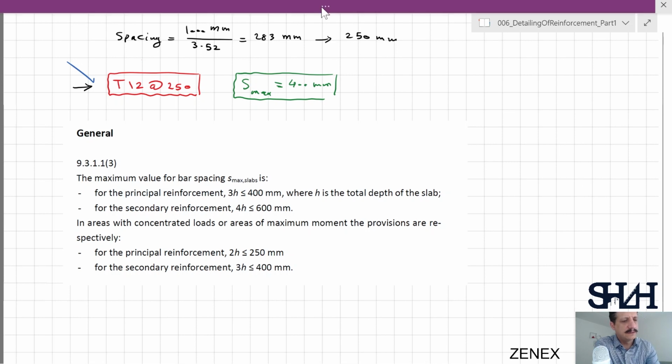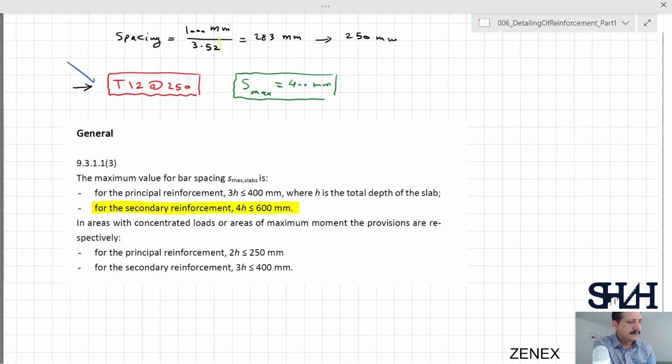The only difference is that here the secondary reinforcement for general design is limited to 4h and 600 millimeter. That is very important, especially if it is limited. In this case, it is not limited less than what is given in Eurocode, but if it is limited to a smaller value for spacing, then we need to follow the specific national annex.